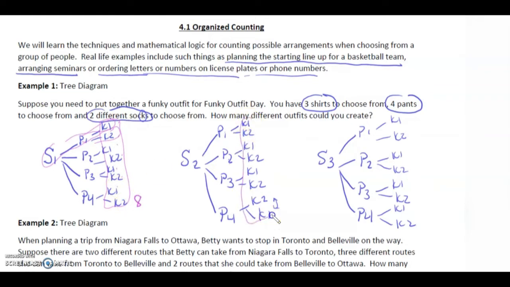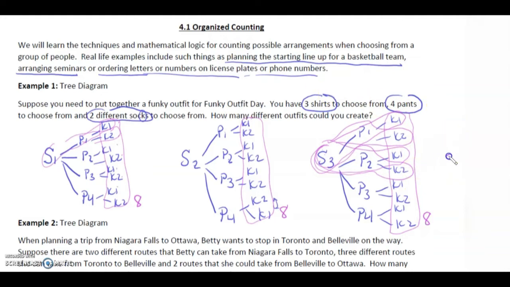If we count these ones, again we get 8, and again 8. We only count the last column because each entry there is one complete outfit, since the last column represents the last piece of your outfit each time. Therefore, 8 plus 8 plus 8 is 24 outfits.